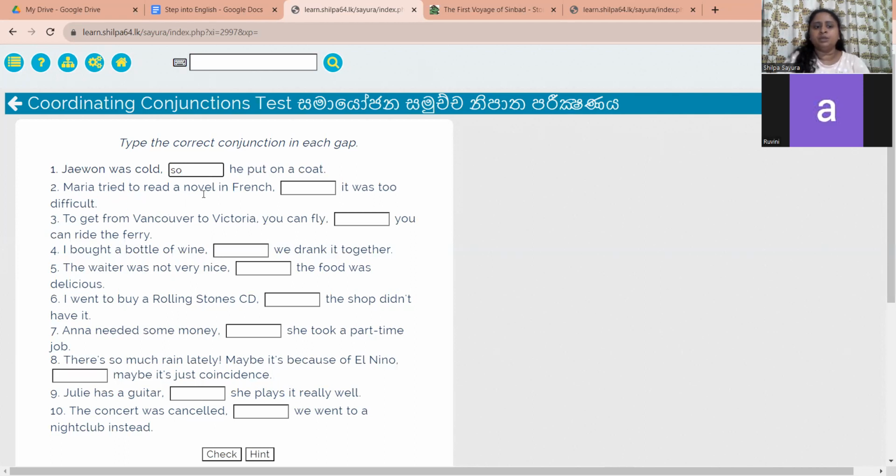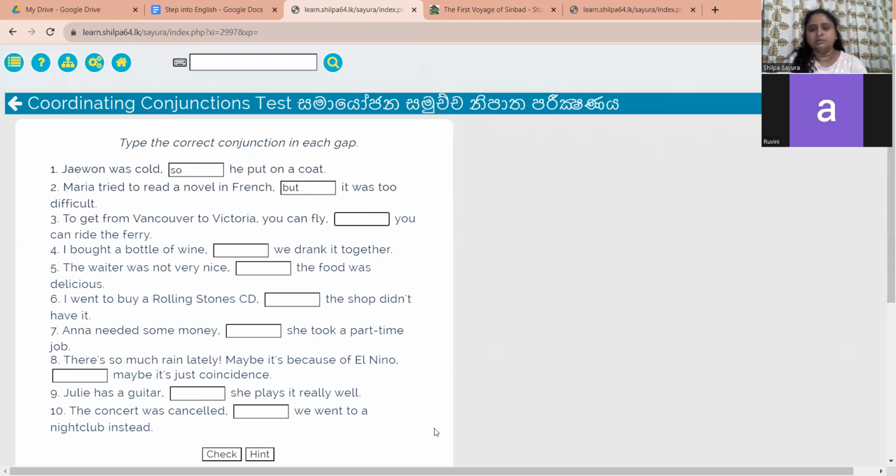Maria tried to read a novel in French, but it was too difficult. The conjunction is "but". To get from Vancouver to Victoria, you can fly. You can ride the ferry. What is the conjunction? Also, you can ride the ferry. Even you can ride the ferry. So these are also conjunctions.